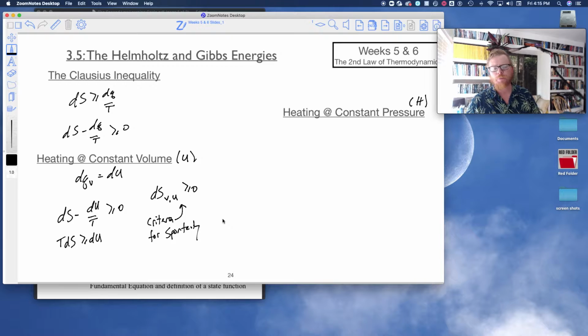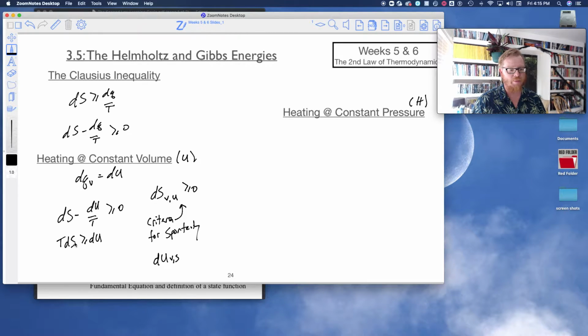Well, we kind of already knew entropy had to be greater than 0 for a spontaneous change. But now what's the manifestation for U? Okay, well, what about dU? We're already talking about constant volume, but now what if I switch it? What if I make it constant entropy?